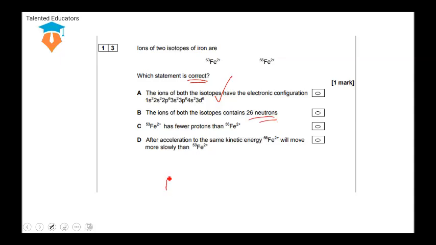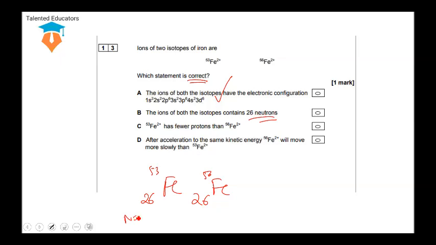Well, let's see. Fe53, Fe56, they both have the same atomic number, which is 26.